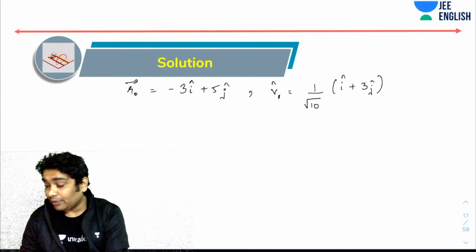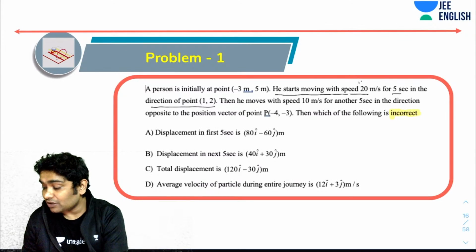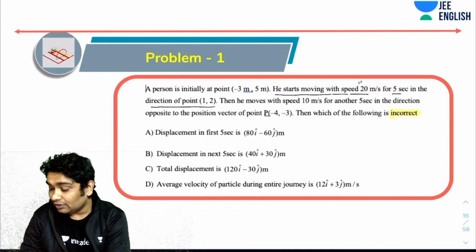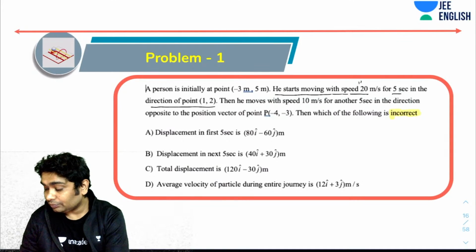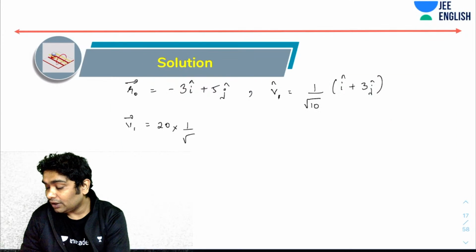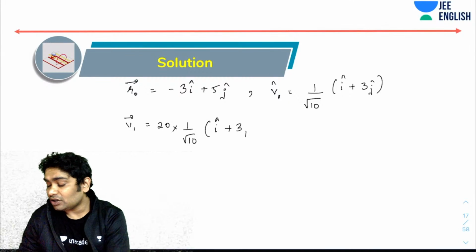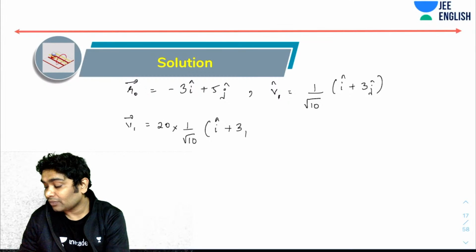Because the speed is 20, the v1 vector would be 20 times this, 1 by root 10 times (i cap + 3 j cap). So the velocity vector is 2 root 10 times (i cap + 3 j cap).